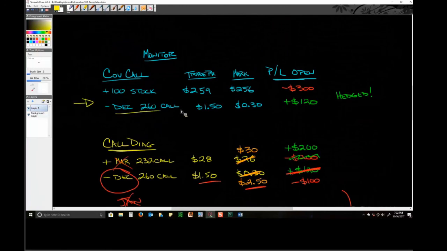So you sold this December 260 call for $1.50, and let's say it's actually dropped maybe to 10 cents. You say, okay, time to buy that guy back. Right? I want to buy this guy back. I've made $1.40. There's not much left to make. Right? So I want to buy the December 260 call.